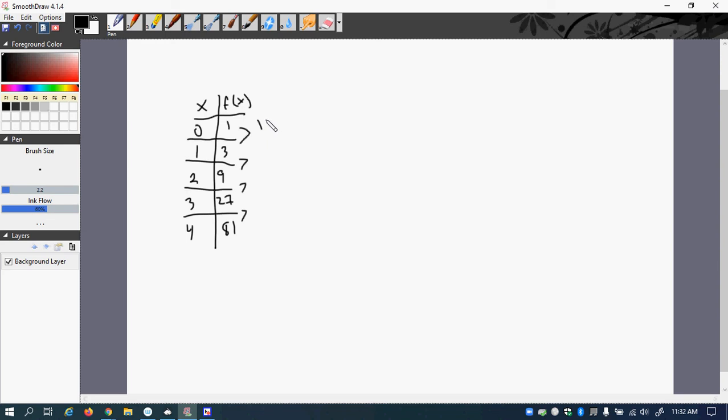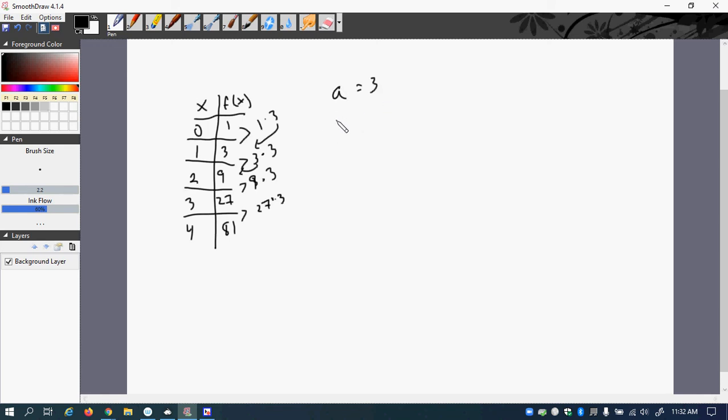So 1 multiplied by 3 gives me 3, 3 multiplied by 3 gives me 9, 9 multiplied by 3 is 27, and 27 times 3 is 81. So this tells me it's exponential. It's not linear because that would be an increase or decrease by the same number, and here we're multiplying everything by 3. So that tells me right away that the a is 3.